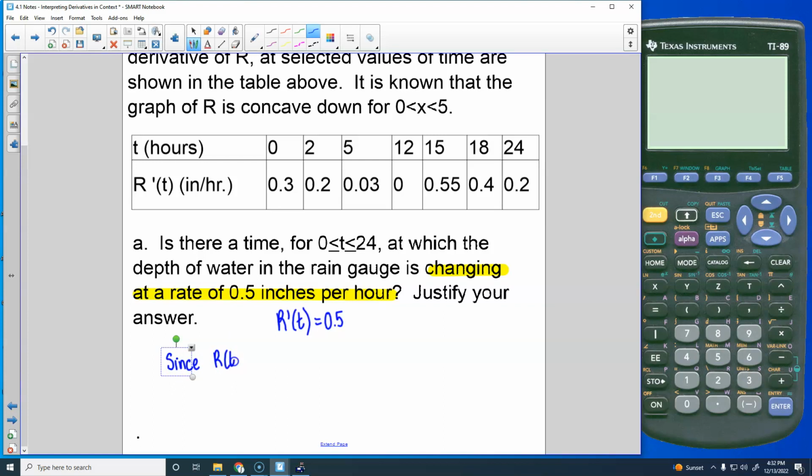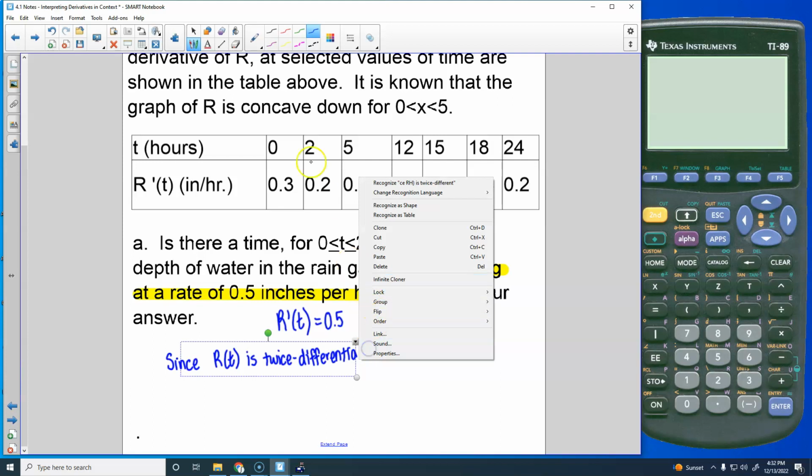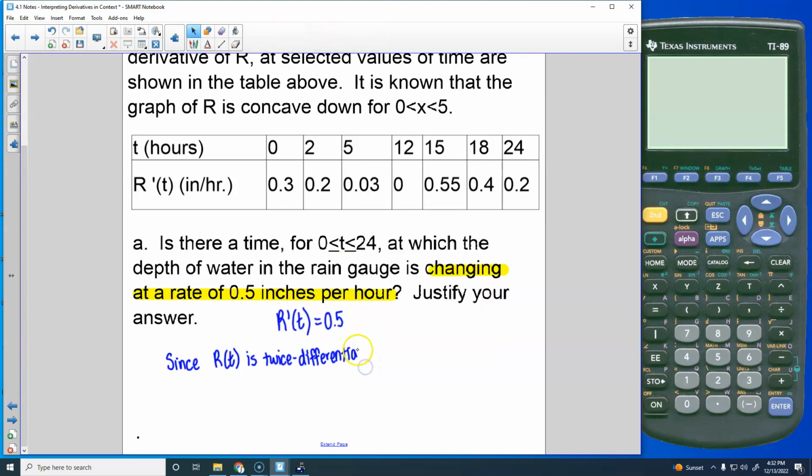So we would say, since r of t is twice differentiable, we know that r prime of t is continuous.